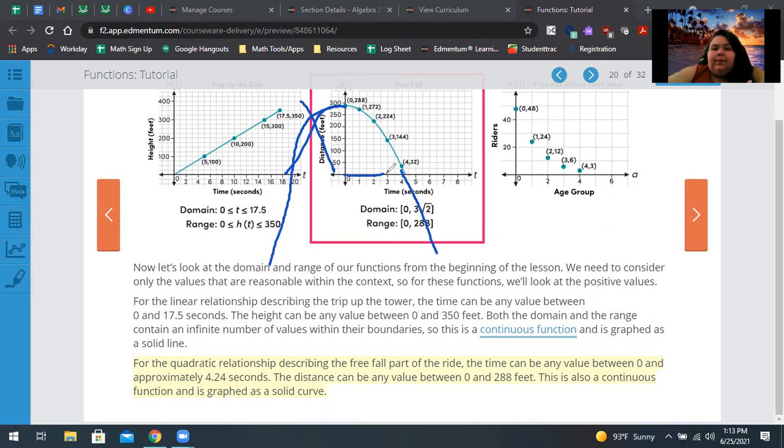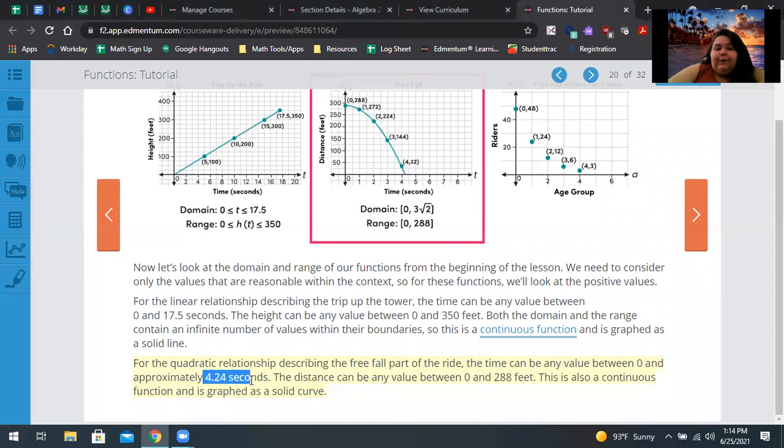And also, if you think about it in heights, it doesn't make sense that the ride goes below ground, right? The zero line is when you've already landed back at the original position, which is at 0 feet. So it doesn't make sense that we would be in this negative area down here. That would mean it goes below ground. We don't need that. There are no rides like that. So we are restricted here.